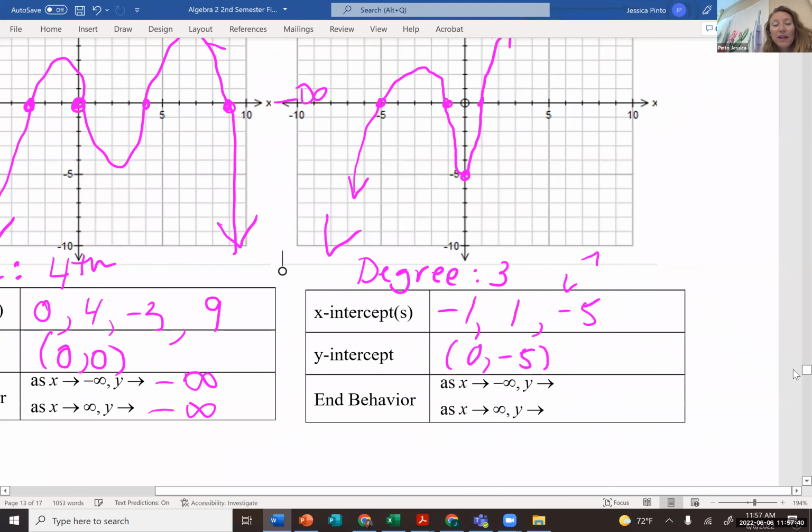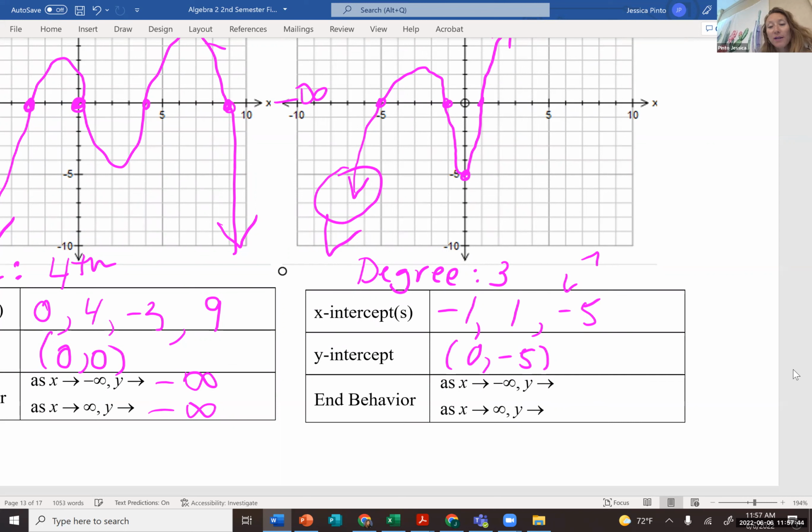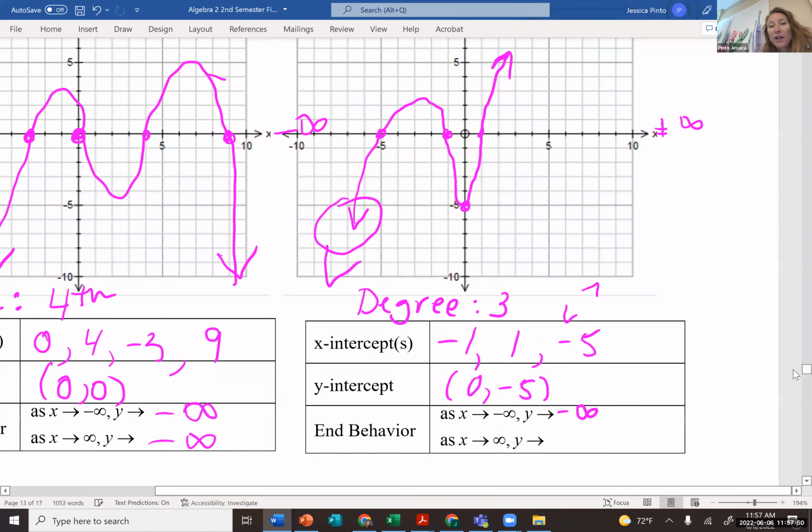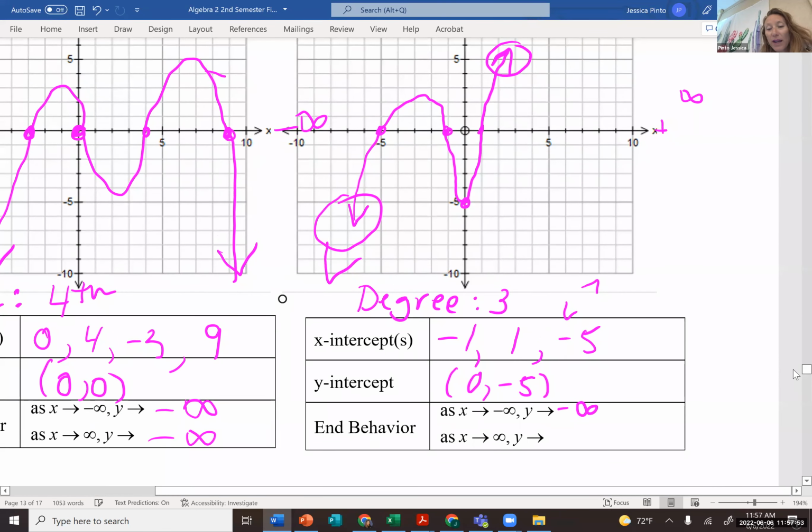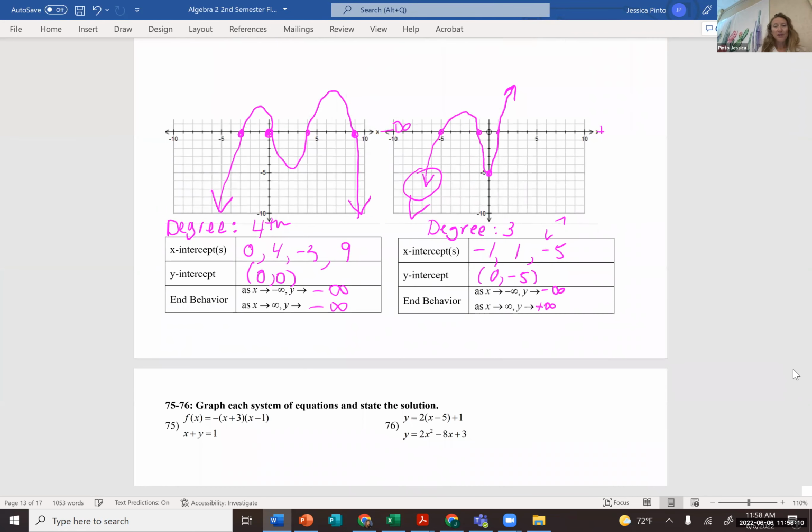So here's -infinity for x. We see that the y value here is pointing down towards -infinity. And then here's +infinity for x. And where's the y value pointing over here? Here it is. It's pointing up towards +infinity. So when we say opposite end behavior, we're talking about the y values going, one is going to +infinity, the other is going towards -infinity. Those are polynomials.